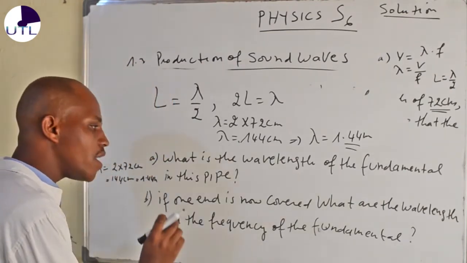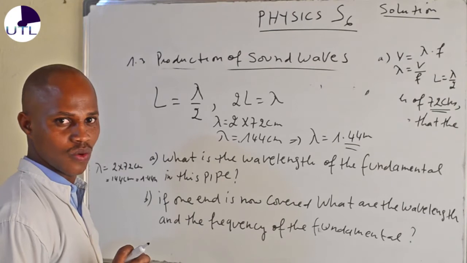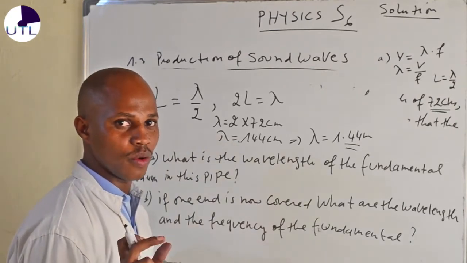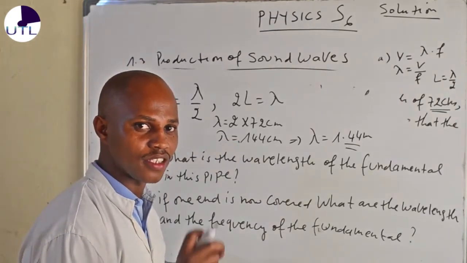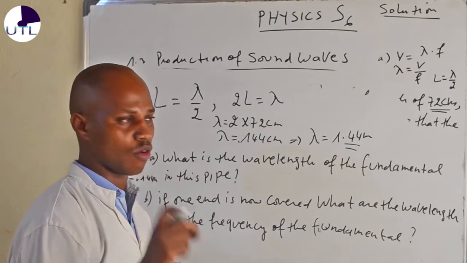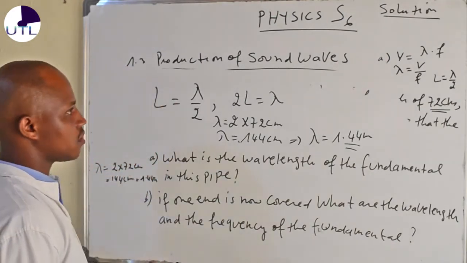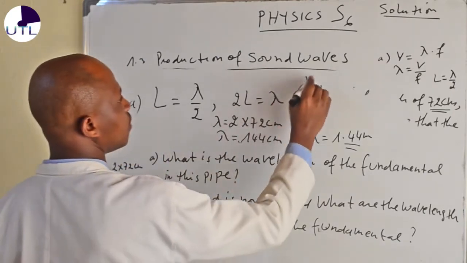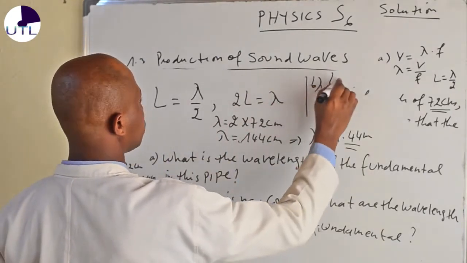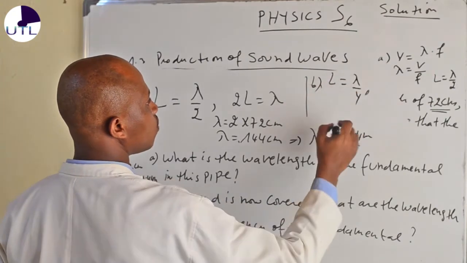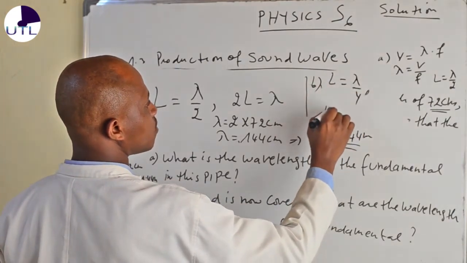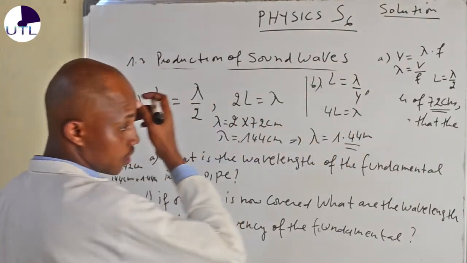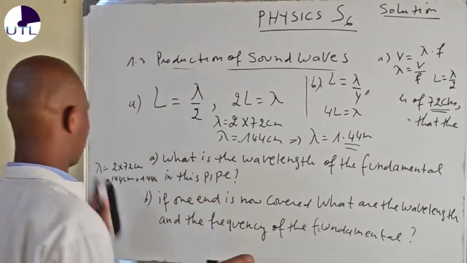Now let us go to the second one. If one end is now covered, what does it mean? We mean that at one end it is closed, then another one is open. For this case, remember, the length is equal to wavelength divided by 4. Now 4 times the length is equal to the wavelength. Let us first find the wavelength.